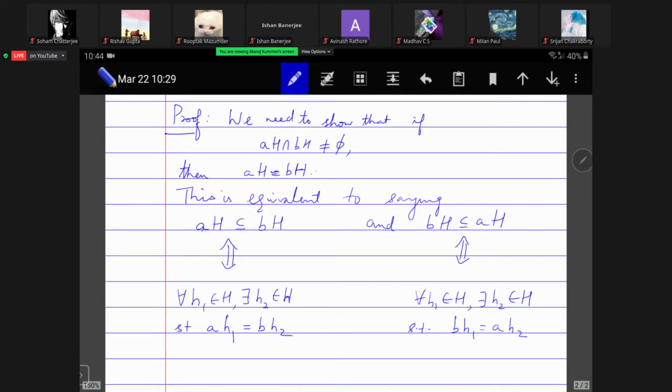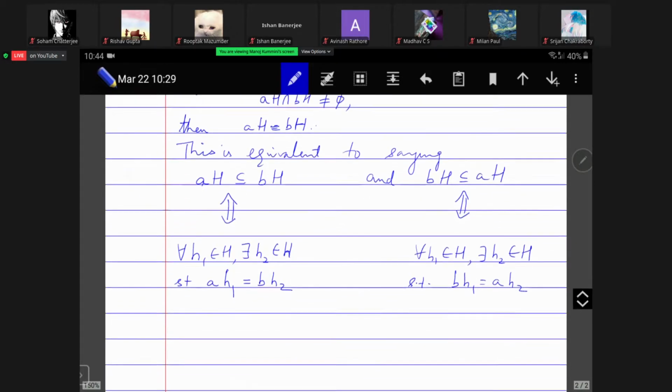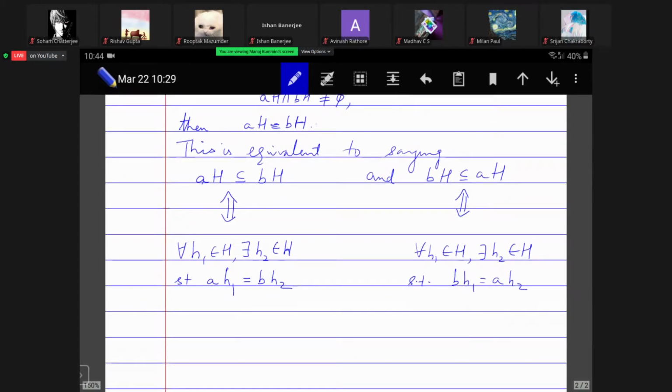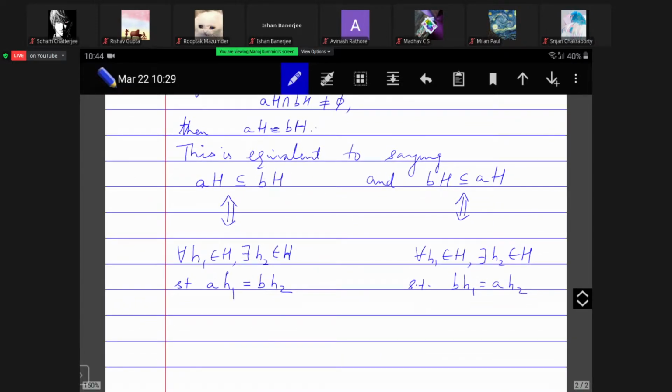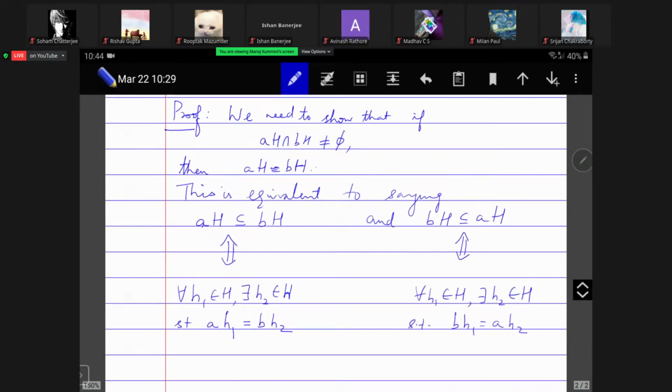So we need to show that if the intersection is not empty, these two conditions will hold. And these two conditions are very symmetric about each other. So we will prove one, and the same argument will work for the other also. I hope you are convinced that these two statements are what we need to show.